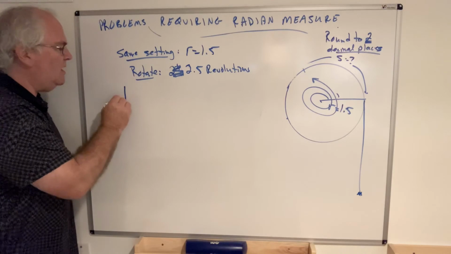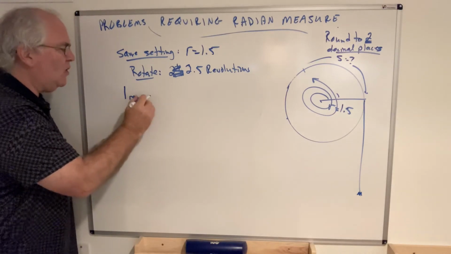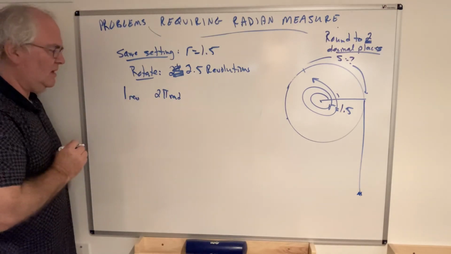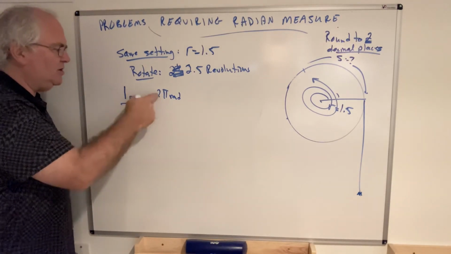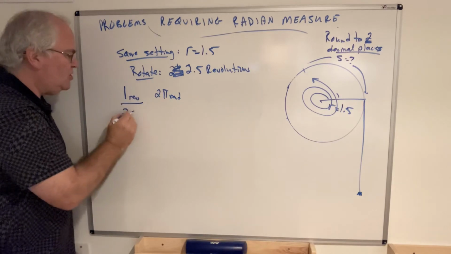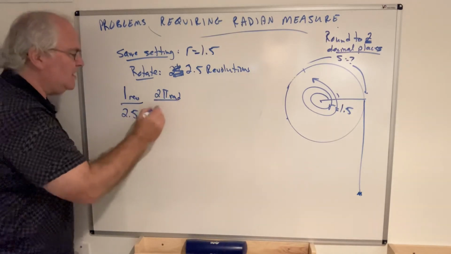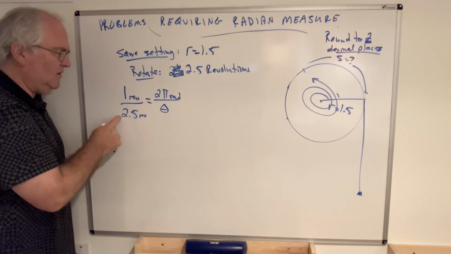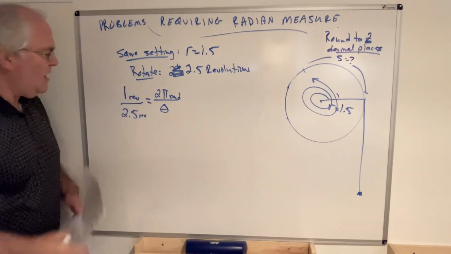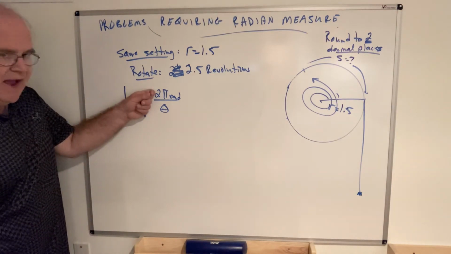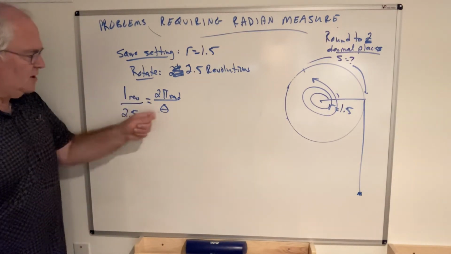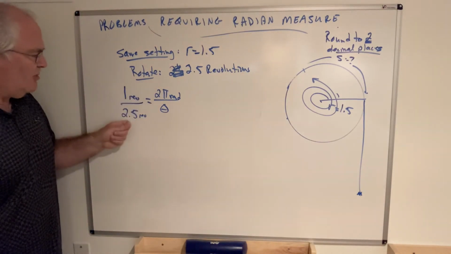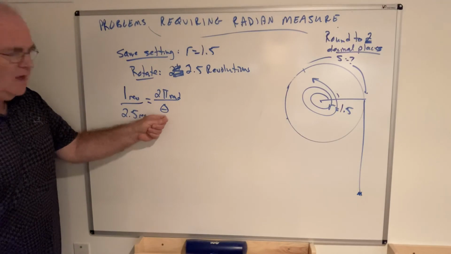We know 1 revolution is 2 pi radians. 1 is to 2 pi as 2.5 is to theta, which we don't know yet.